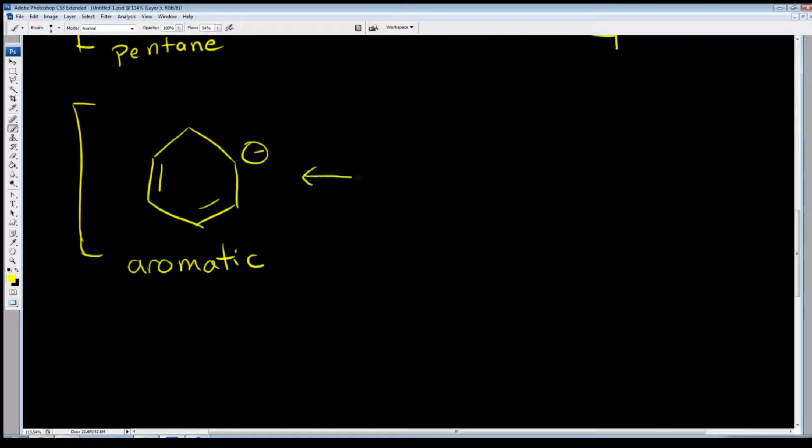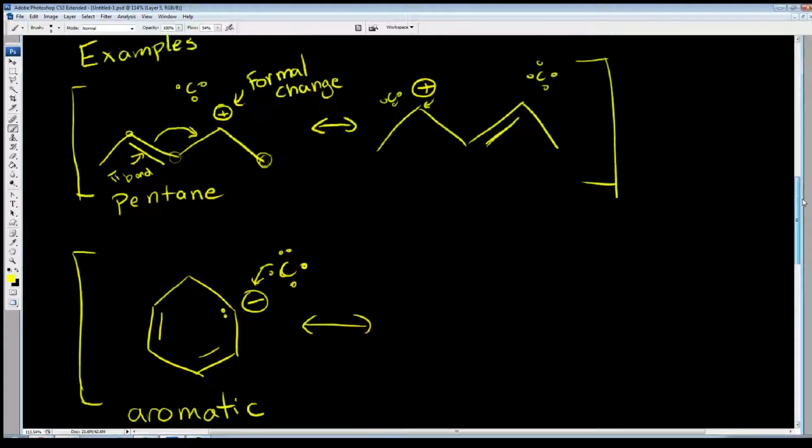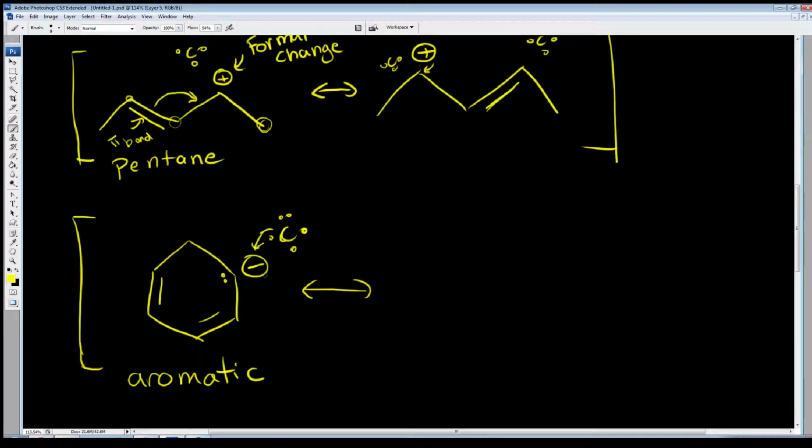When you first start off with this one, since it has a negative charge, you're going to start off over here. This means that this carbon atom has an extra electron, so it has a lone pair right here. So, when you have positives, you have to go towards it. When you have negative, you have to go away from it.